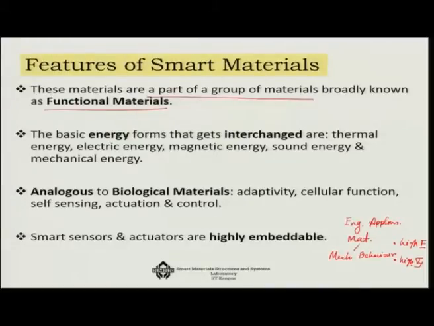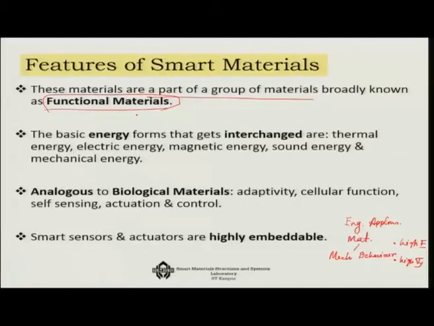That means you can generate both positive and negative deformations in a system in a non-mechanical way, for example with the help of electrical signals. The materials which can respond to these other kinds of behaviors also are the functional materials, and smart materials are a subgroup of these functional materials.